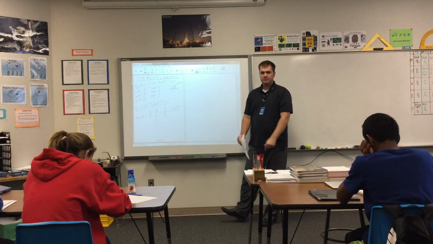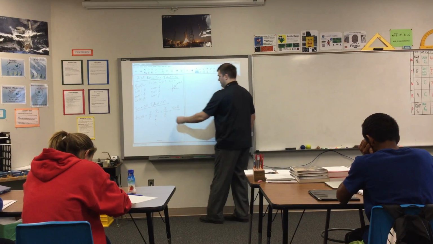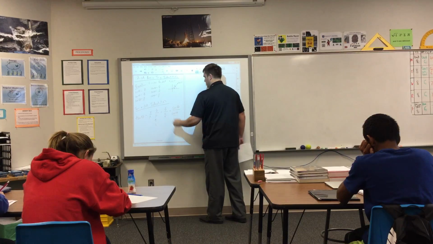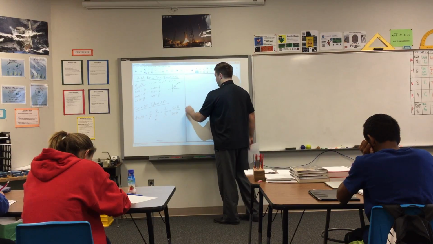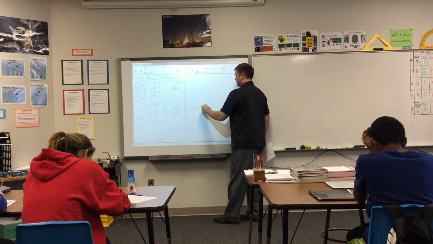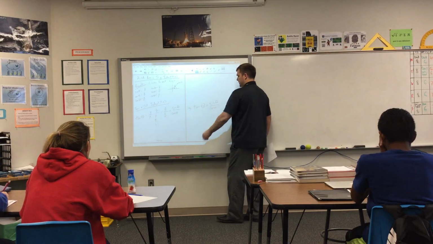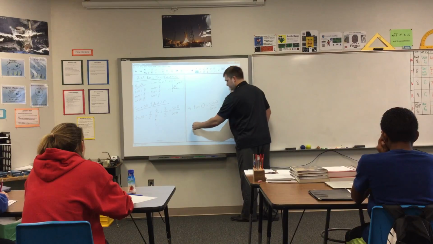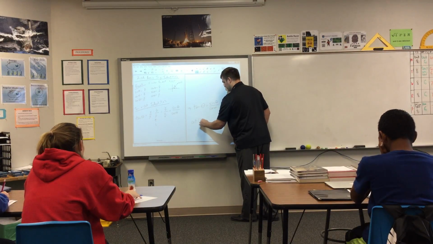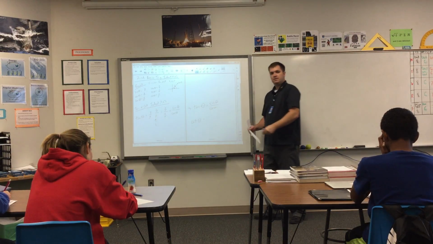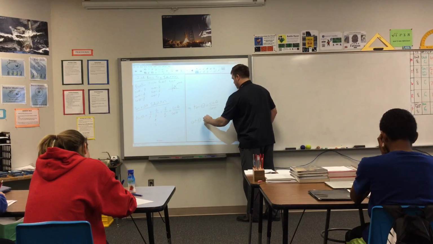That's the circular function definition for cosine. So it turns out that tangent of theta can be written as sine theta over cosine theta. And for that matter, cotangent, which is simply its reciprocal, cosine over sine.